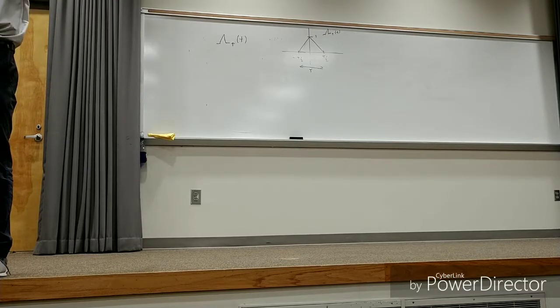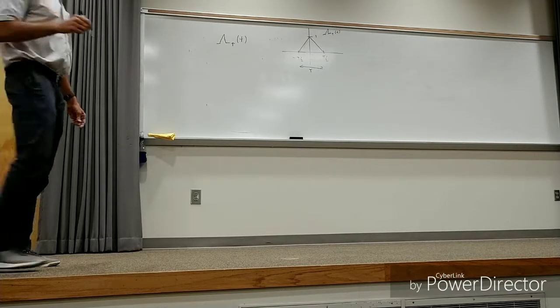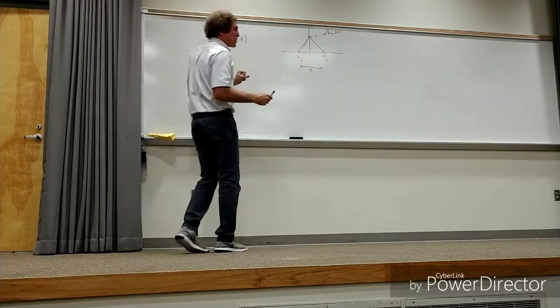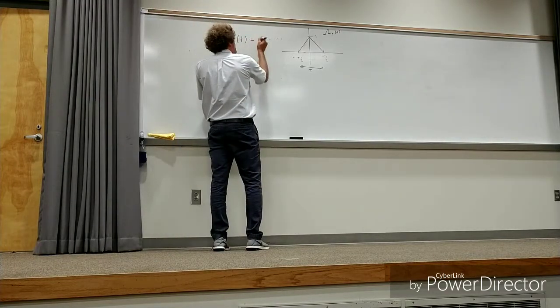But now instead of being a square well or something square, now it's tapered up and down. And there's a lot of ways of describing this mathematically. Probably the most common one is this.